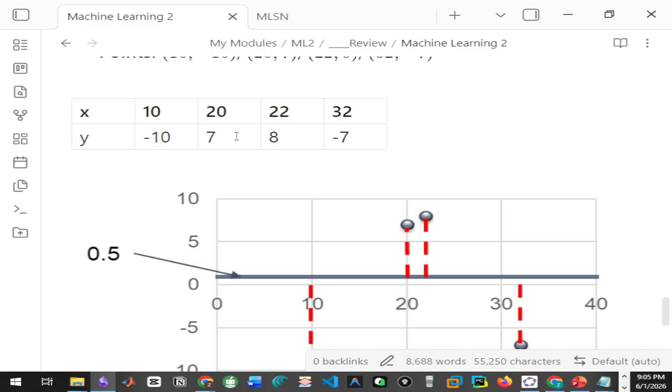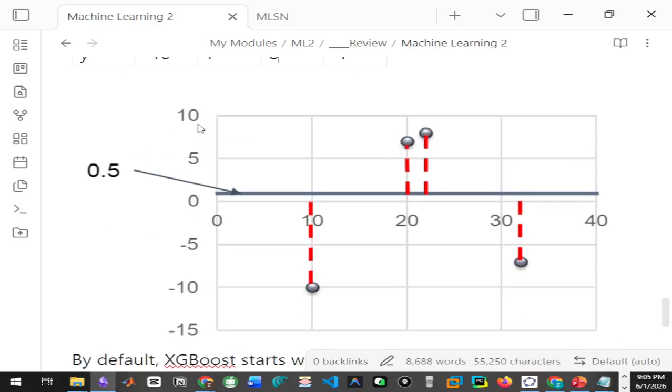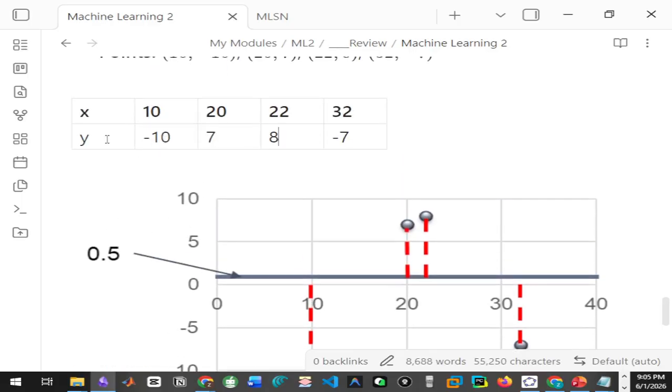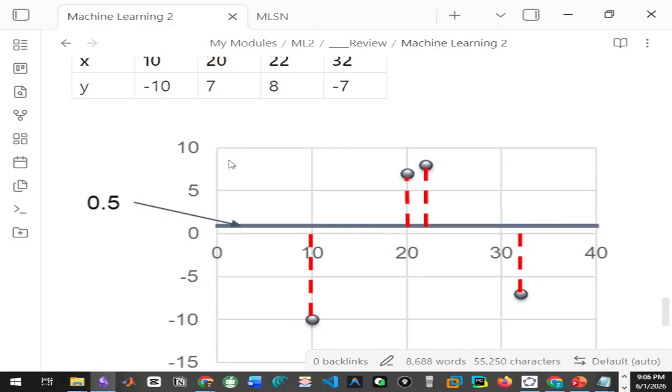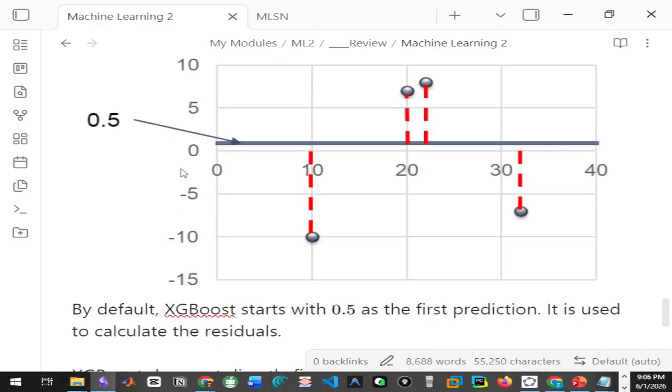We divide it by 4, it equals -0.5. So we can say that the dummy prediction we did equals -0.5, but in our case we picked the 0.5.